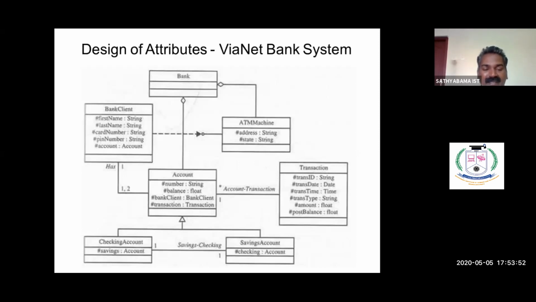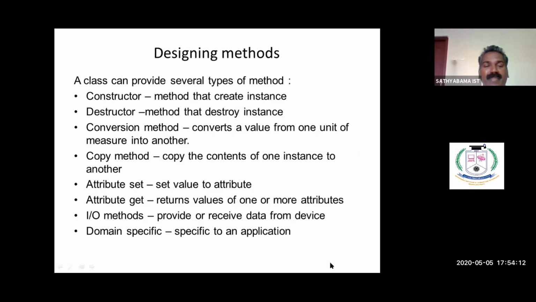For example, with the account class and transaction, the association is account-transaction association. The checking account and the saving account are separate classes which are inherited from the account class. So this is the attribute view, the design of the attribute view of the ViaNet bank system.